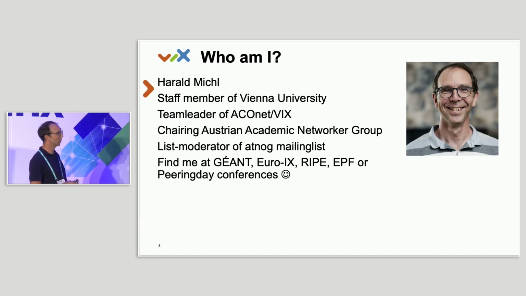I also realized this only when I prepared this presentation: we have an Austrian academic networkers group, and together with a colleague from Klagenfurt, I've been chairing this group for already 10 years. I'm involved in the foundation and maintaining of the AT-NOC mailing list. And if you want to see me in person, you can go to these academic or peering or RIPE meetings, and most probably we'll meet each other there.